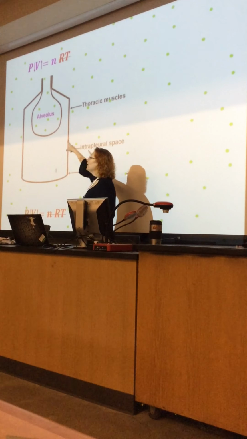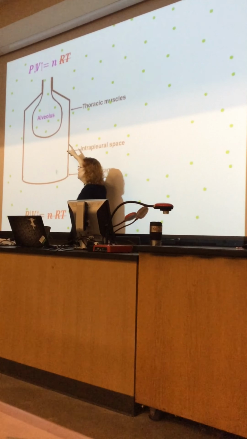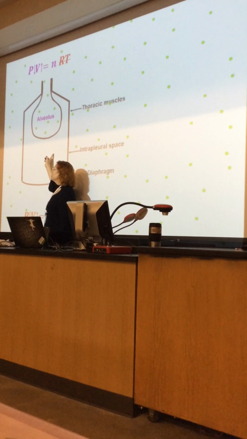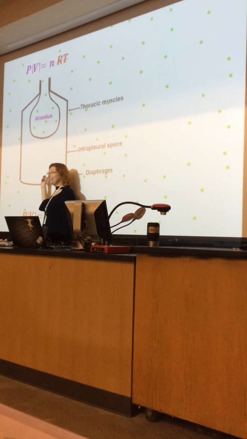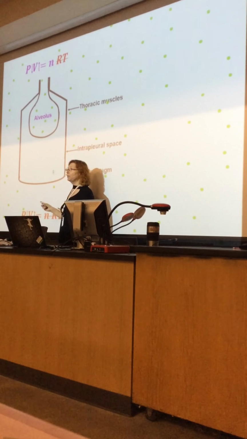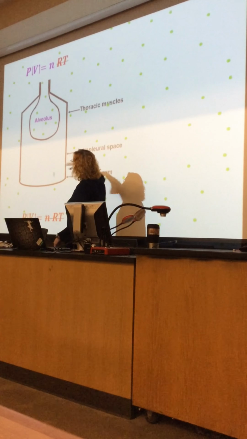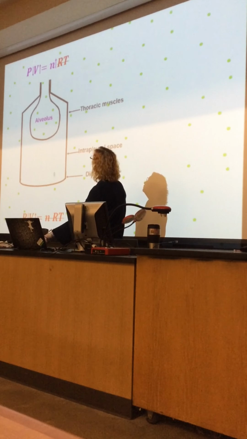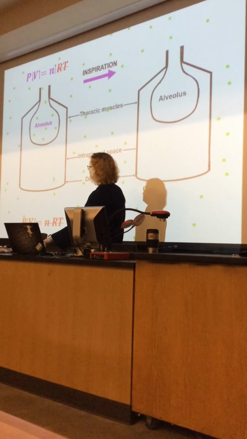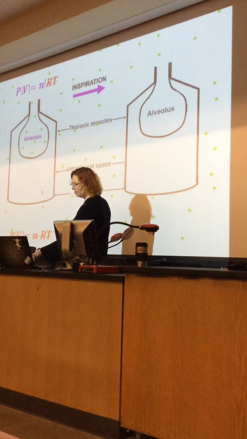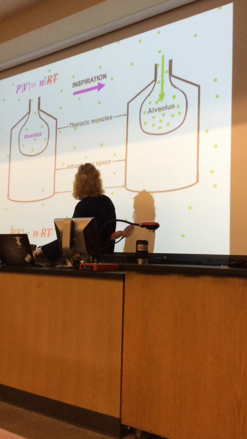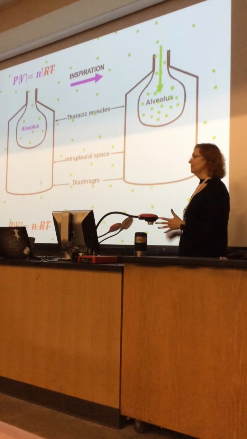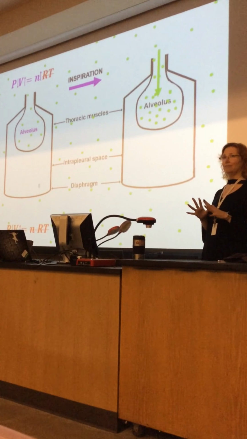So because the pressure inside my alveolus decreased, because the volume of my alveolus increased, because the pressure in my intrapleural space decreased, because the volume of my intrapleural space increased. End result, because the pressure in my alveolus is less, the number of moles increases, and air comes in. Okay? So far makes sense. Okay?